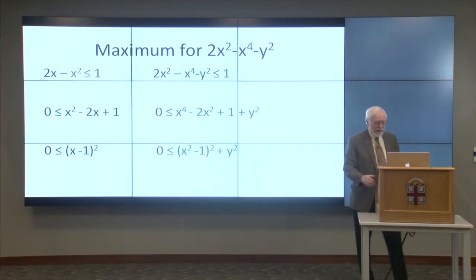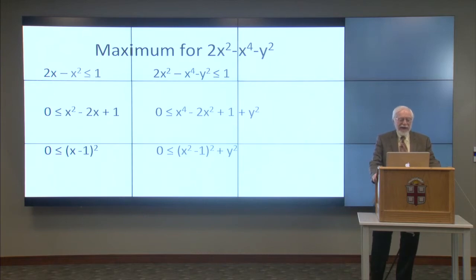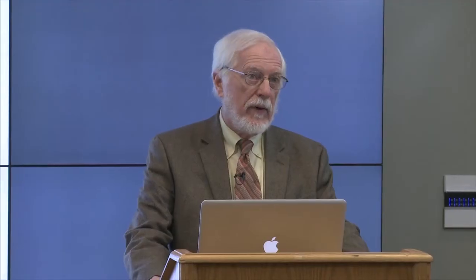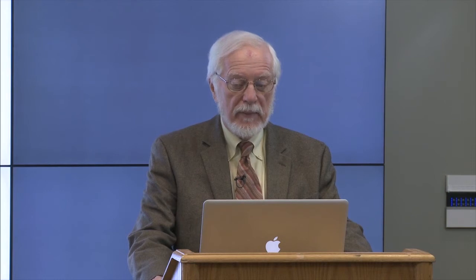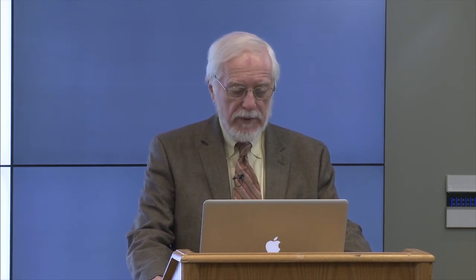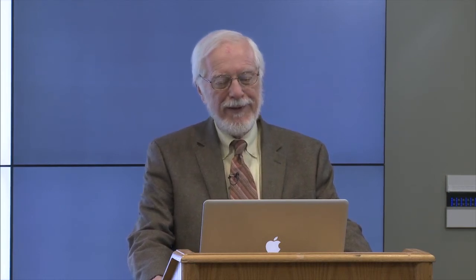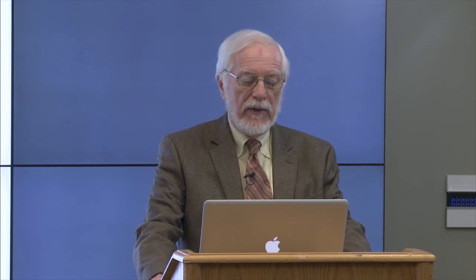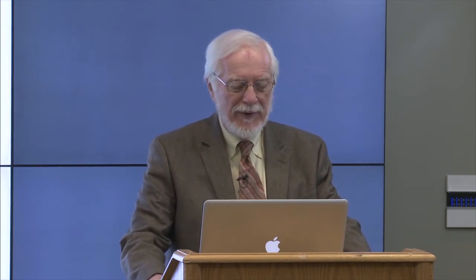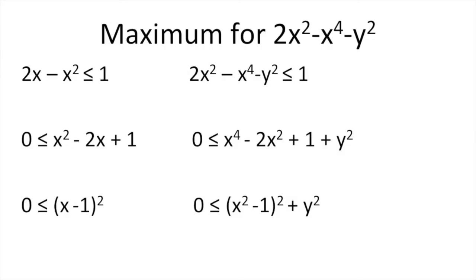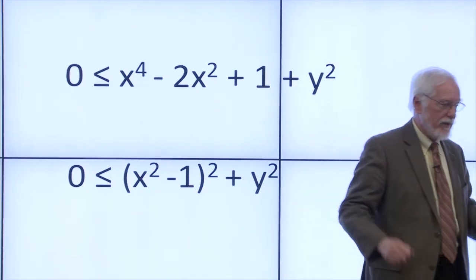So we've actually succeeded in using an algebraic proof from secondary school mathematics to give a proof of a fact about functions of two variables, the maximum value, because we not only know that the maximum value is 1, but we even know where it occurs. It occurs when both of these expressions are at their lowest value, when y is 0, and when x is equal to plus 1 or minus 1.